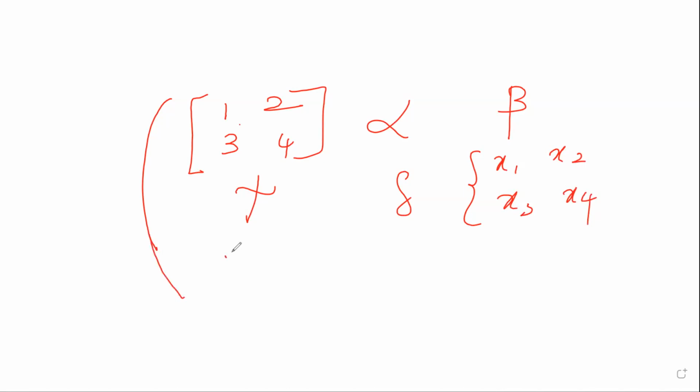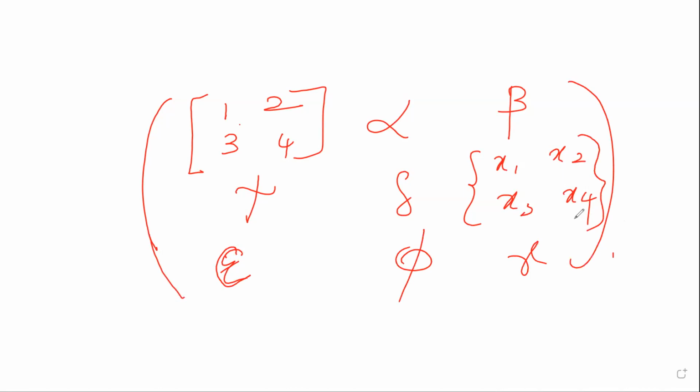The last row is epsilon, phi, and 1. Okay. I am writing the code for this array.